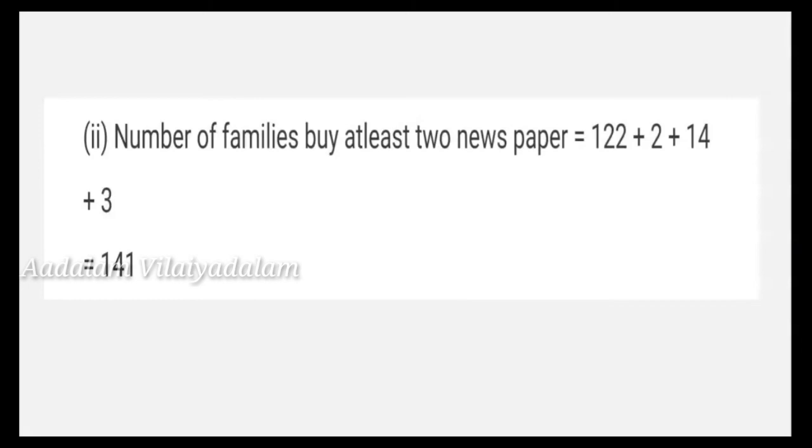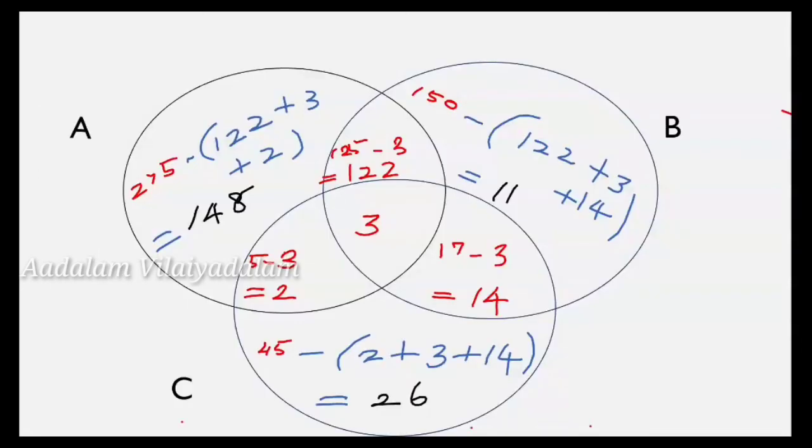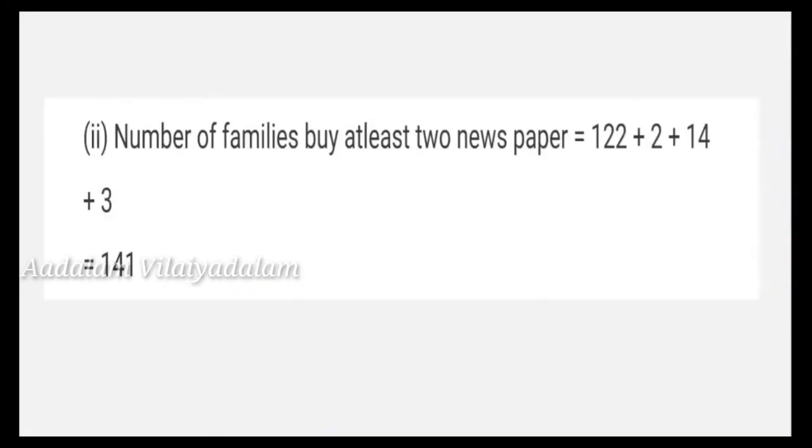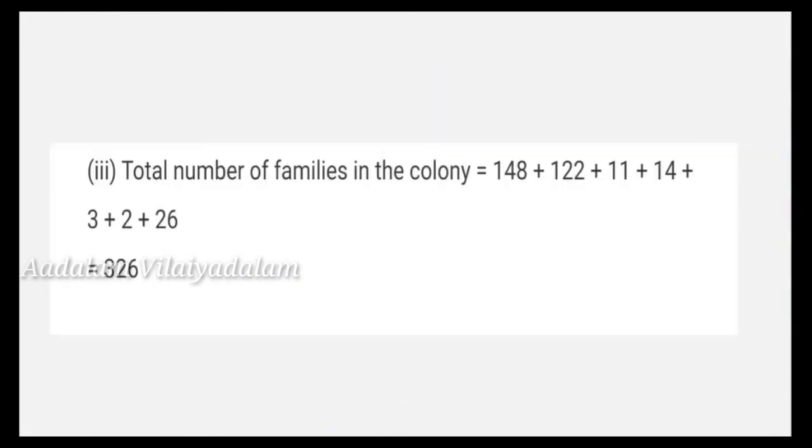Here you see: intersection between A and B is 122, between B and C is 14, between A and C is 2, and the intersection of A, B, C, all the 3, is 3. So finally we get 141.